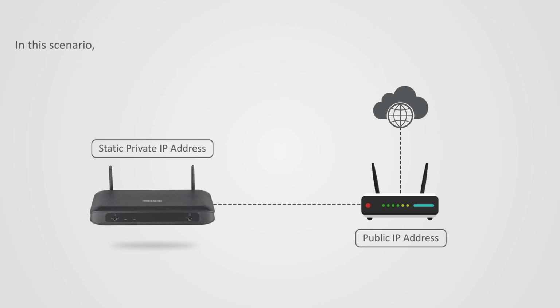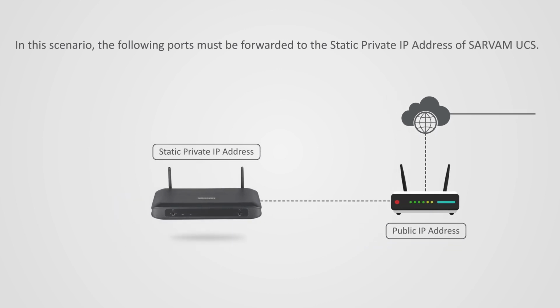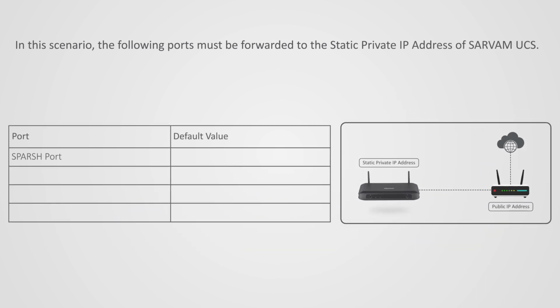In this scenario, the following ports must be forwarded to the static private IP address of SARVAM UCS. SPARSH port TCP 80, SIP port TCP 5060, UDP 5060. SIP TLS port, if SIP is used over TLS. TCP 5061, UDP 5061.